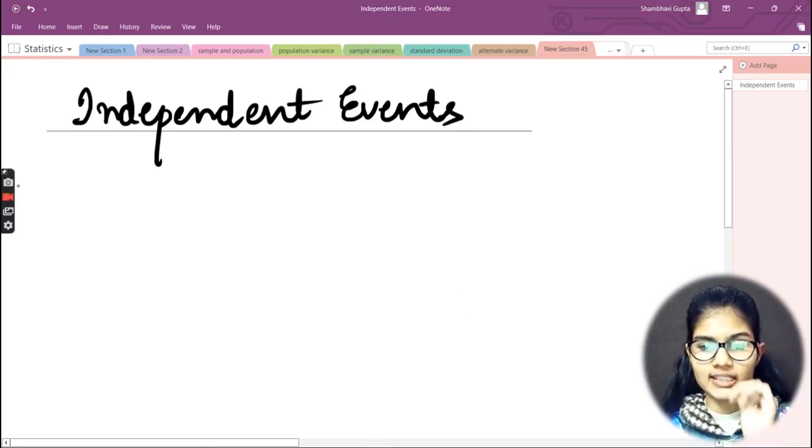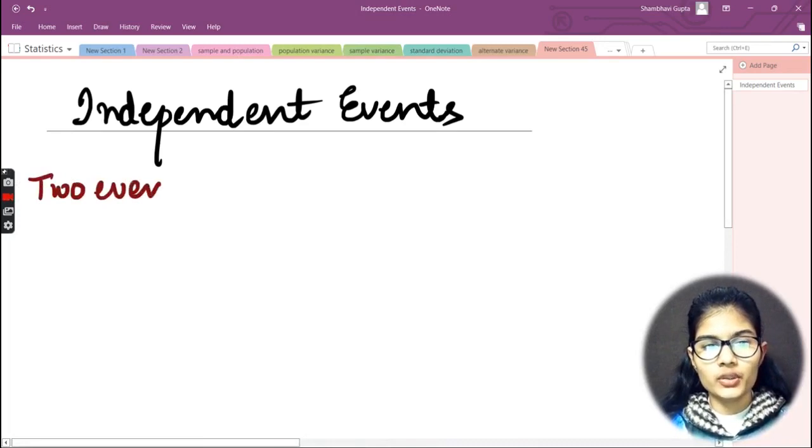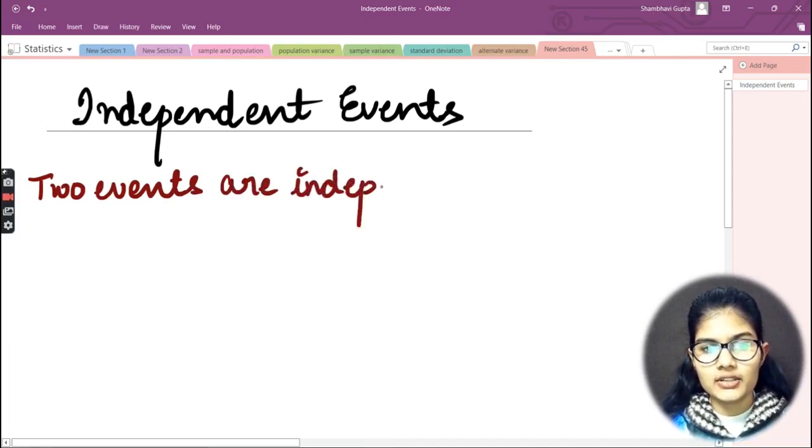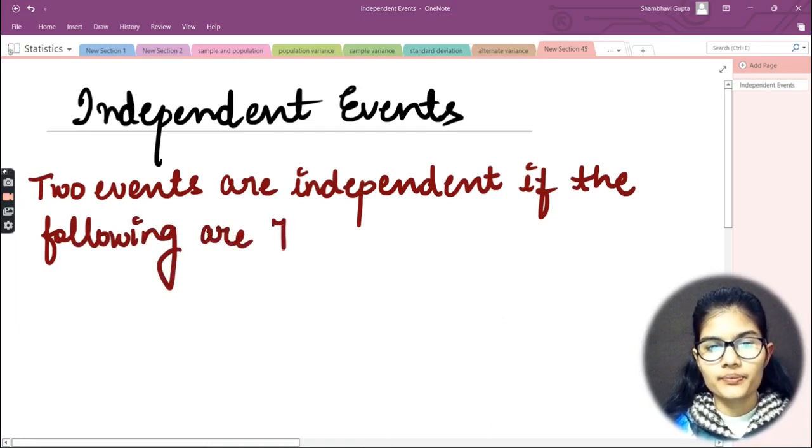So in this case I would simply mention it up here that two events are independent if the following are true.